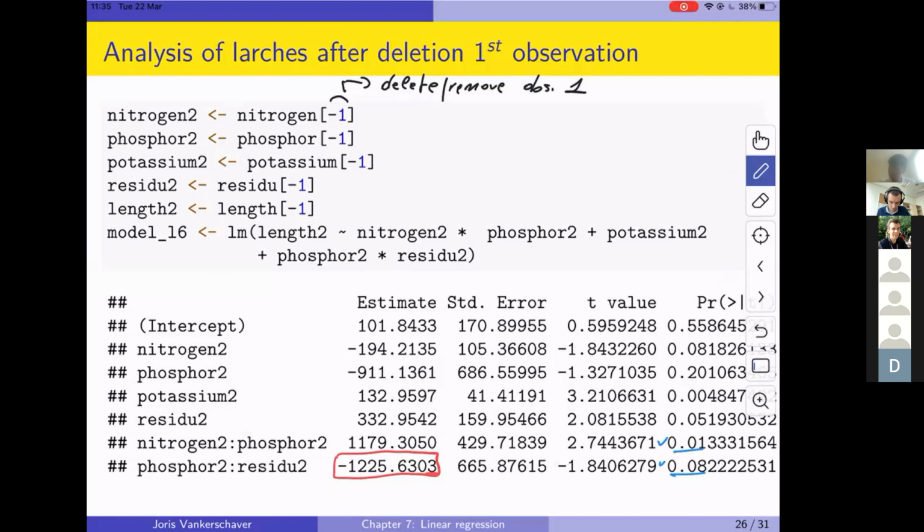And then the individual terms, they're all significant except for the phosphorus term, which is 20%. But we have to keep it in the model because we have an interaction term that also has phosphorus in it. So this one is not significant, but we have to keep it in because of the higher order interaction term. And this is the final model if we delete that observation.